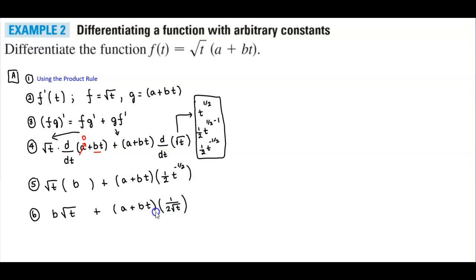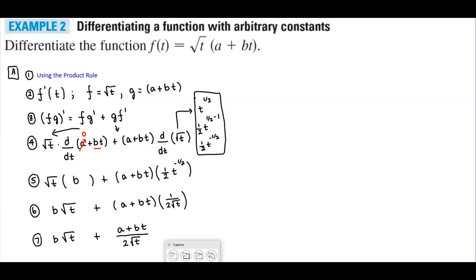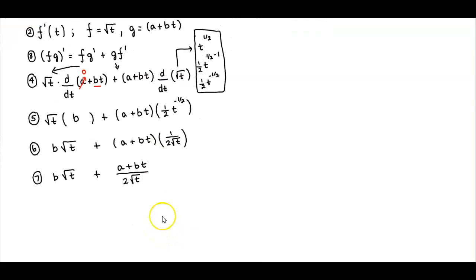So now we can rewrite this as a fraction. We're going to have b times the square root of t plus a plus bt in the numerator divided by 2 times the square root of t. Now we want to combine these two by finding the common denominator.